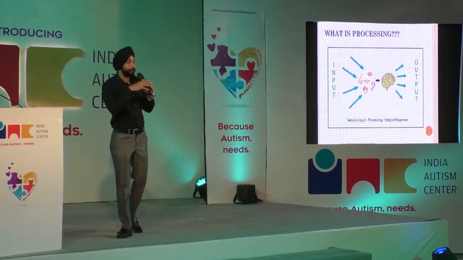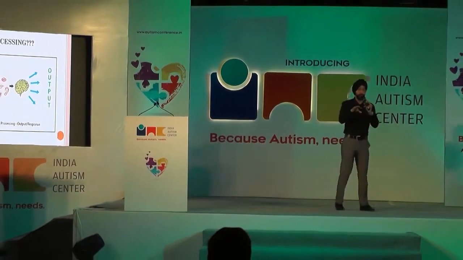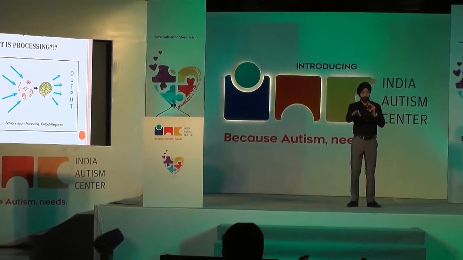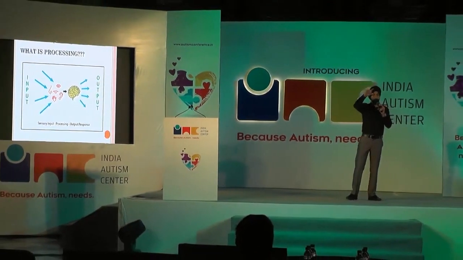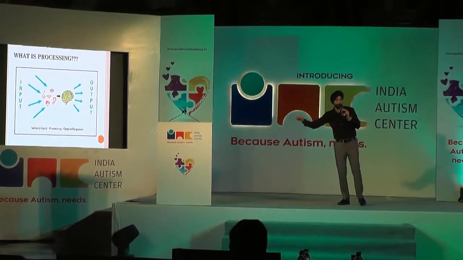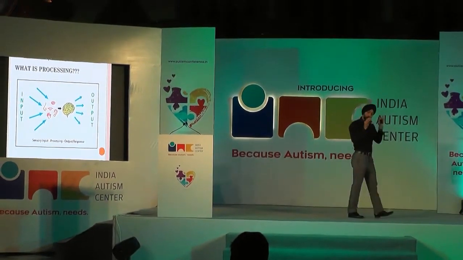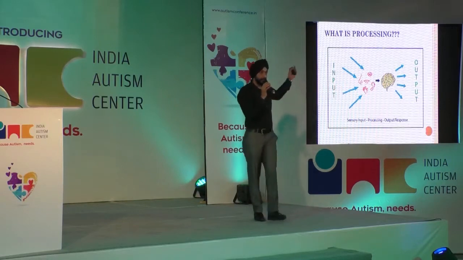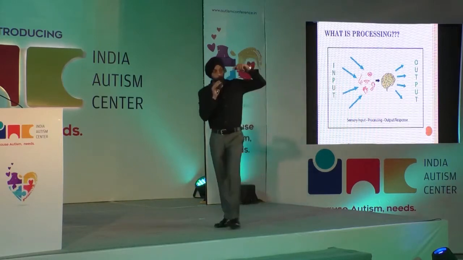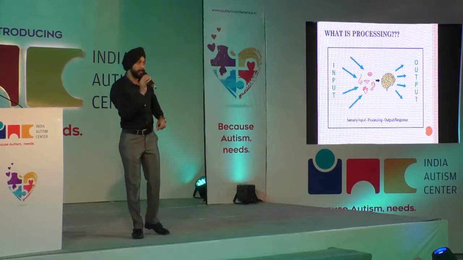It's not so simple, but let me make it a little simpler for you. It's just like a computer: you put in an input, the computer processes it, and then it gives you the results. So the stimulus which needs to go to the brain will go through the senses, am I right? Then the brain will be able to have it, process it, and then it'll give the output.